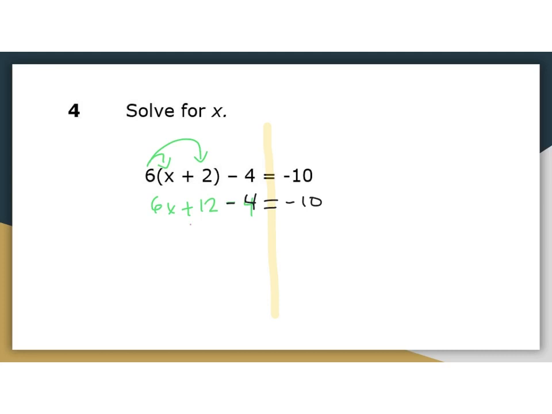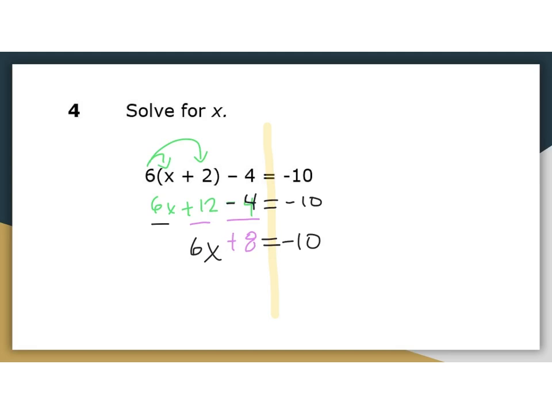So the 12 and the negative 4 need to be combined, and that's going to come out to a positive 8. And then we have the 6x still in the front, and it's still equal to negative 10.